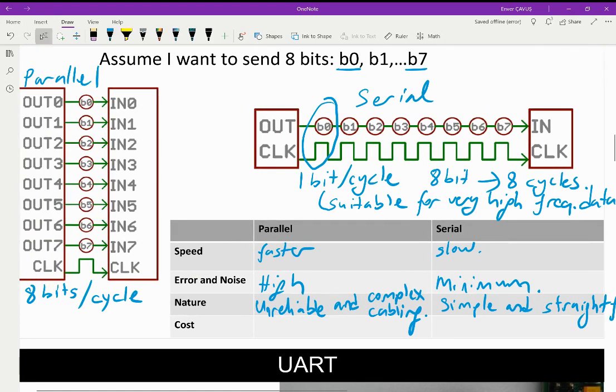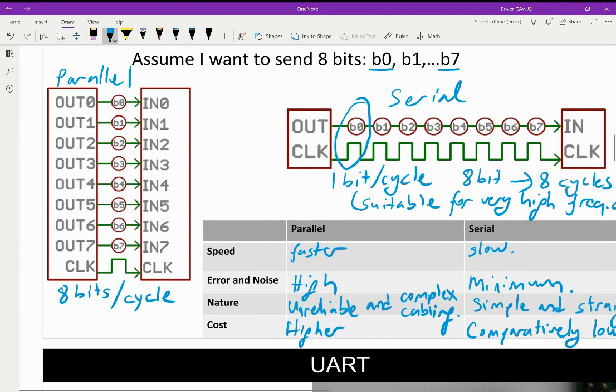In terms of cost, the parallel implementation is of course higher, and the serial interface is comparatively lower.